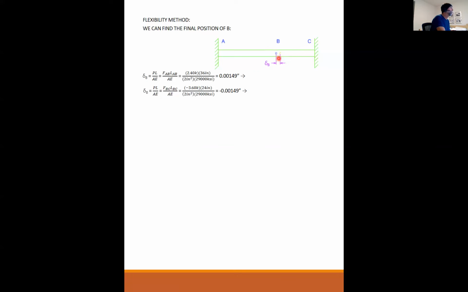It's the same point. So the same point had better move by the same amount whether you calculate it from the left or the right. The deflection found from segment AB matches that found from segment BC. Thus, compatibility has been checked. And that's what we mean by compatibility.